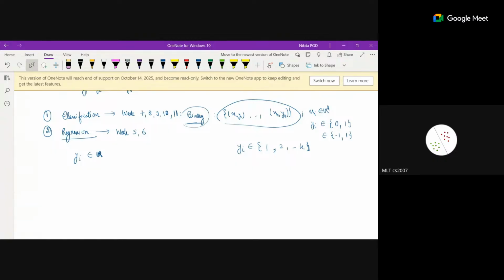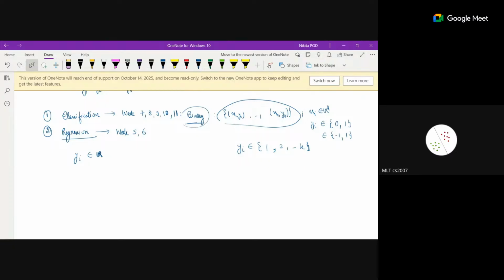So here you have a set of classes in which you want to put your data, given a data point or feature. You have a set of labels with you, but in the regression problem, what do you have?